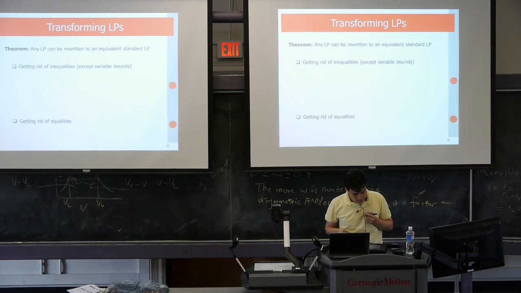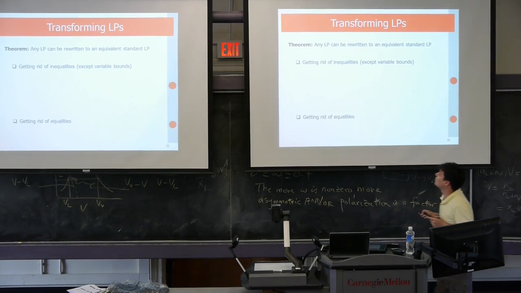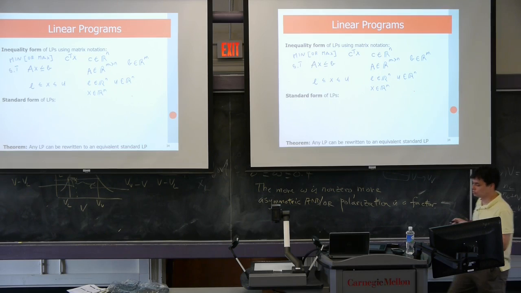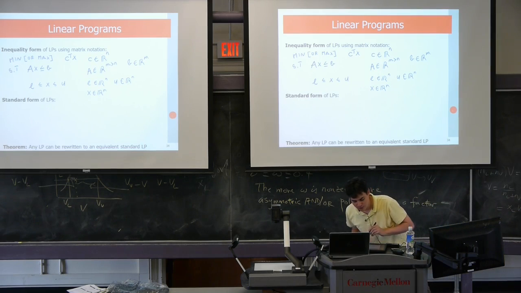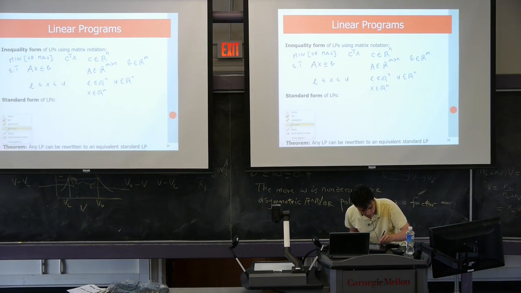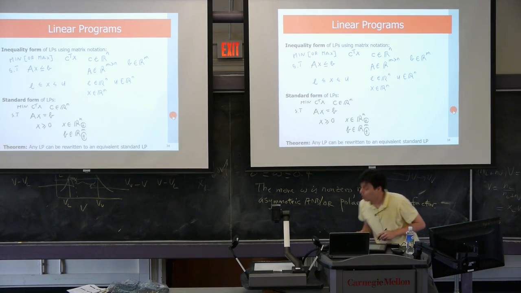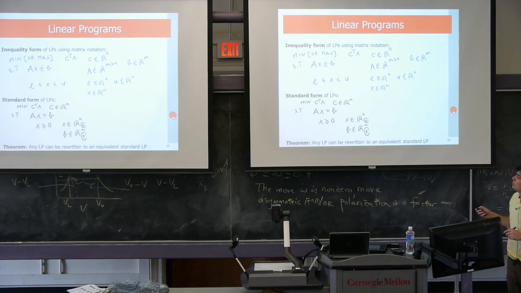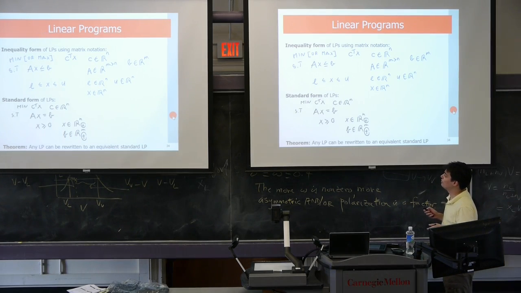And then we discussed how to transform any linear program to standard form, where by standard form we mean that your goal is to minimize C transpose X such that AX equals B and X is non-negative.